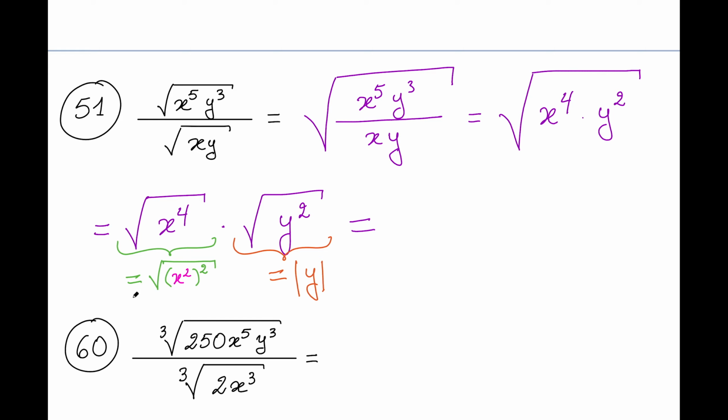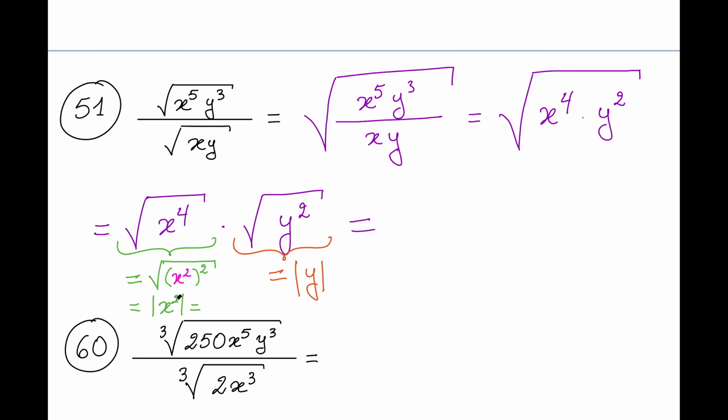So this is technically equal to the absolute value of the pink x squared. But since x here cannot be 0 because it's downstairs, right? If x is 0, this quotient doesn't make sense. So certainly, implicitly, the proviso to this question is that x is not 0.